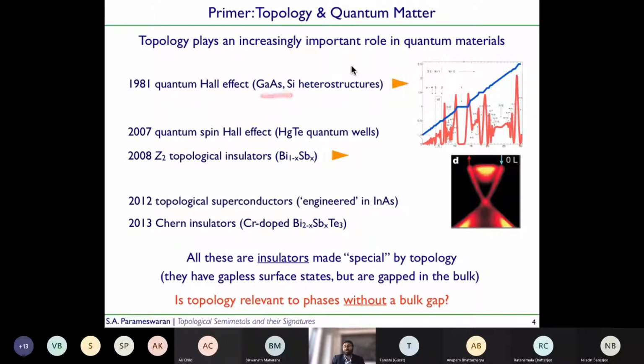And I want to flag that this was discovered because of materials advances that allowed people to build two-dimensional heterostructures of gallium arsenide and silicon and so on, and look for field effect transistors. So this beautiful piece of fundamental physics came out of very prosaic applied questions of trying to build field effect transistors in these semiconductor devices.